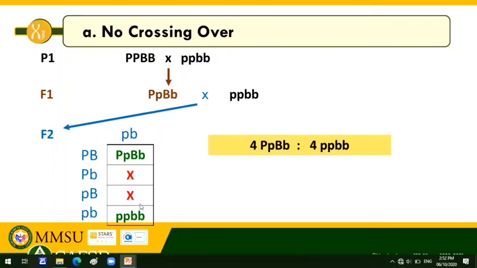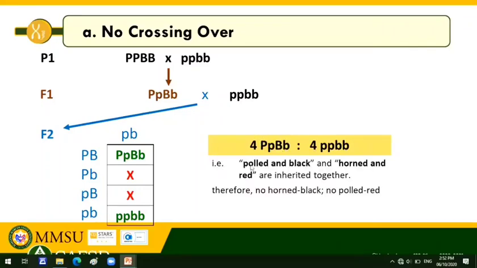So, ito na yung ratios of the genotypes. So, we have here 4:4 or 1:1. Okay? That is, if there is linkage, if the linkage is complete and close, following coupling linkage, polled and black cattle, as well as horned and red cattle are inherited together. Okay? So, polled and black and horned and red are inherited together.